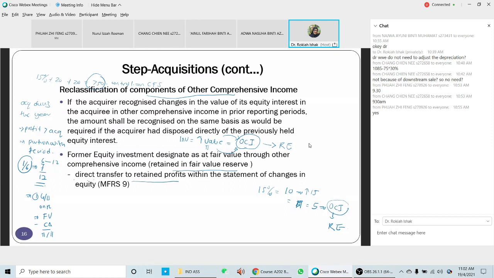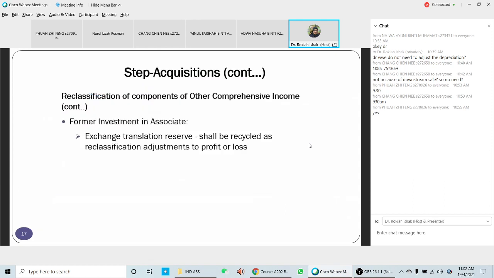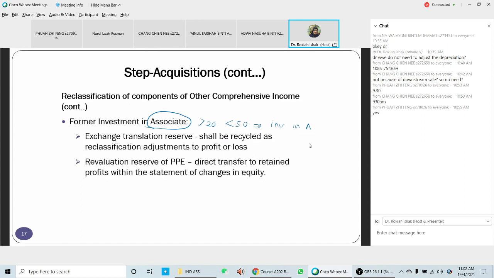Yeah? Okay, and then the other one is if the investment is in terms of an associate. An associate is when the share is more than 20% but less than 50%, so your investment is considered an investment in associate. Once you have an investment in associate, any gain from the exchange translation reserve, this one is in topic 5, should be recycled or reclassified to the P&L.